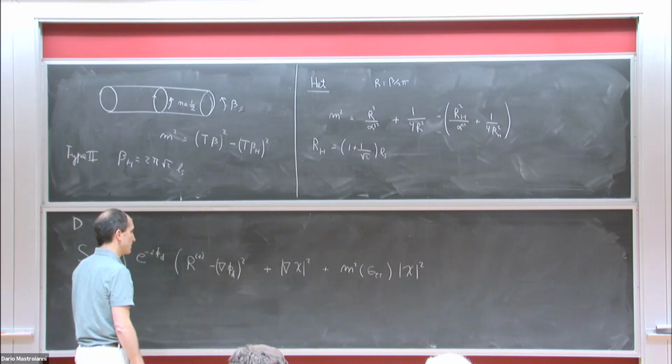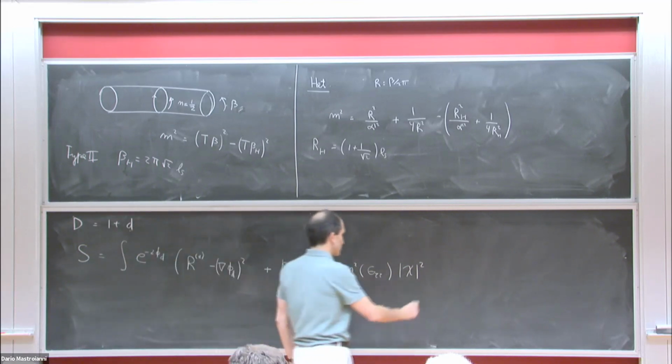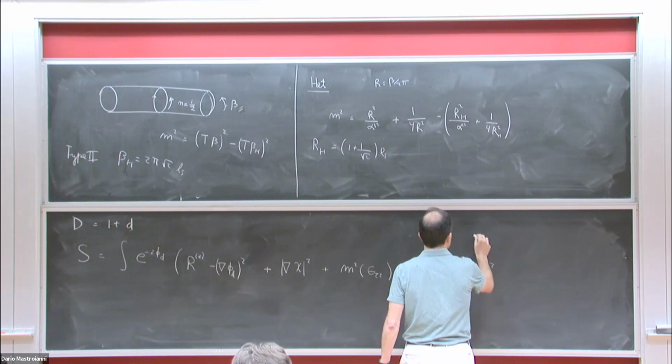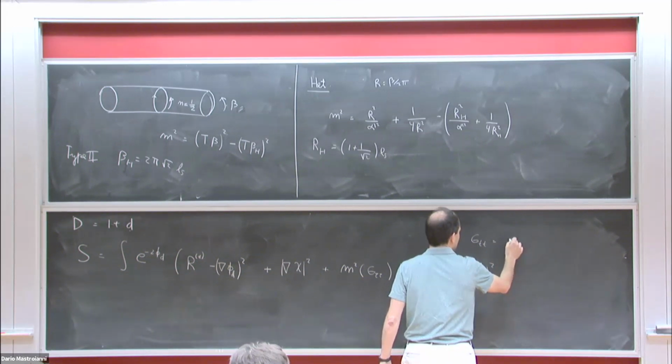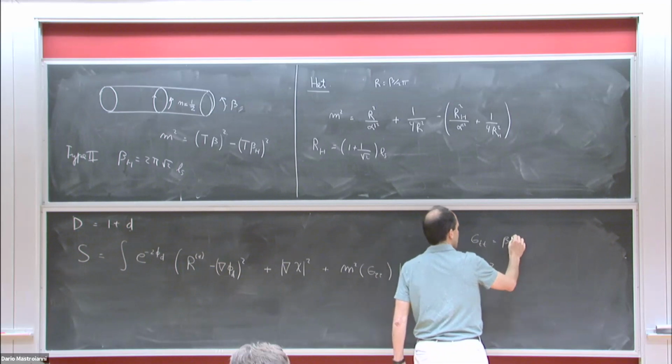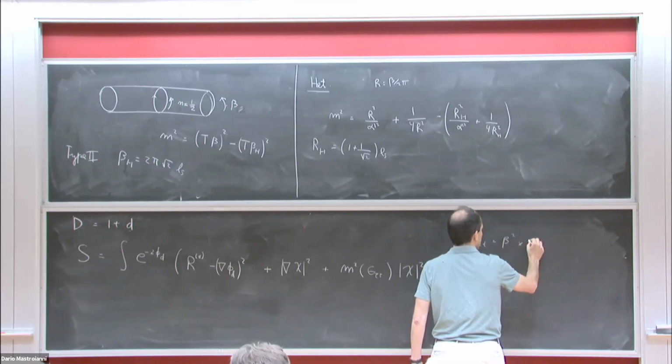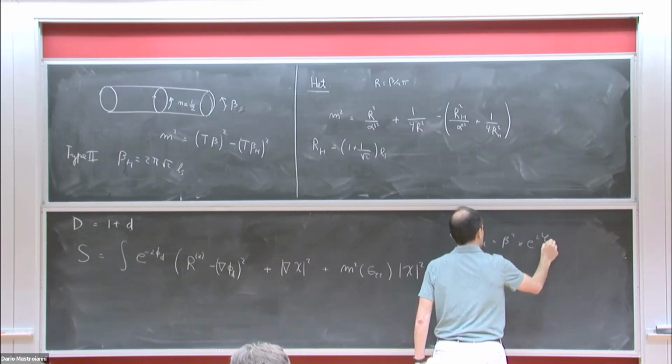There is one more massless field that we have, which actually will be important for us, which we're going to call phi. And phi will be basically in the Euclidean time direction. We are going to write the metric at infinity in terms of beta squared times e to the 2 phi.